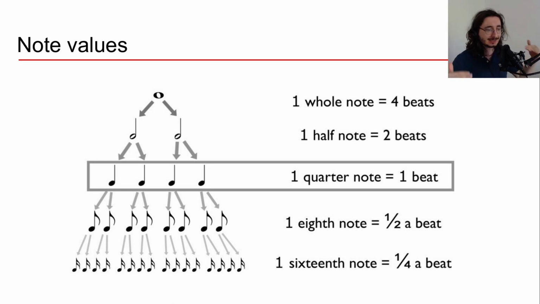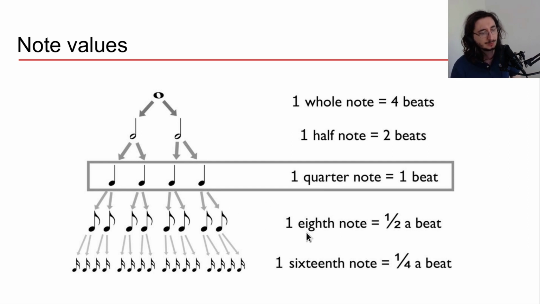If we go yet another level down, we arrive at the quarter note. And as you can see here, this is quite an important level because a quarter note usually equals 1 beat. So a quarter note, in a sense, is a kind of point of reference for note durations.